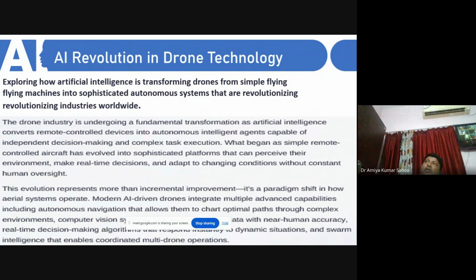Think about 20 years back, 15 years back, every radio, every electronic system has one aerial. At that time, the aerial plays a vital role.